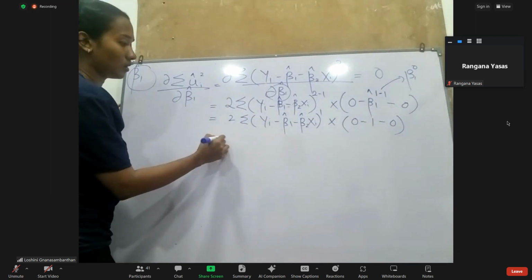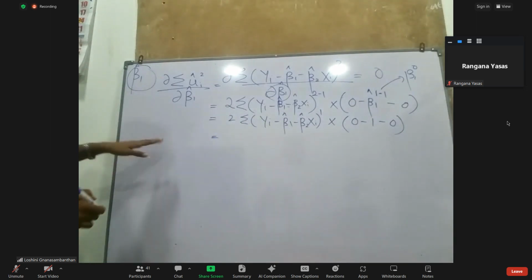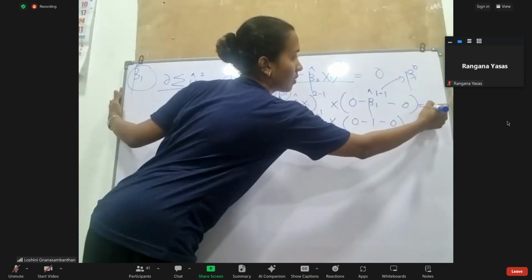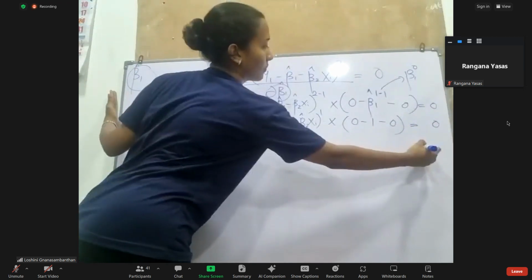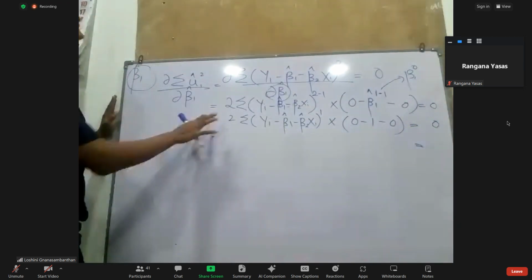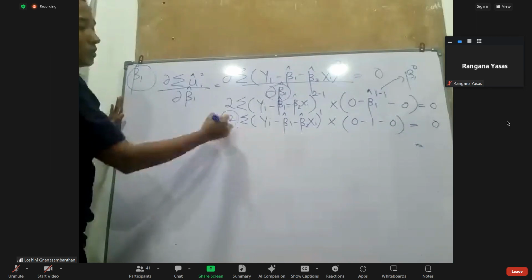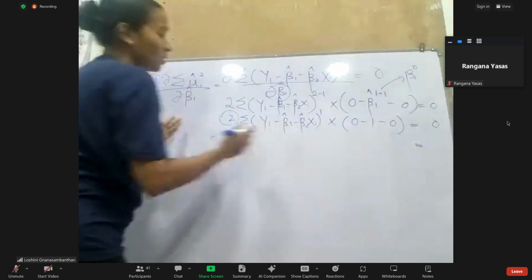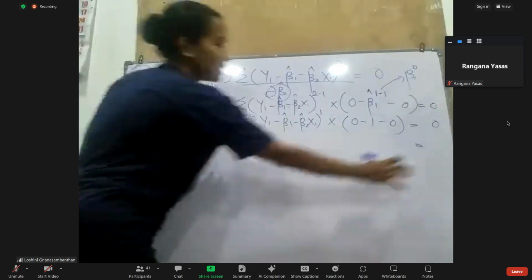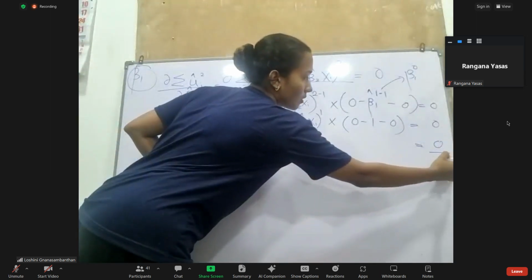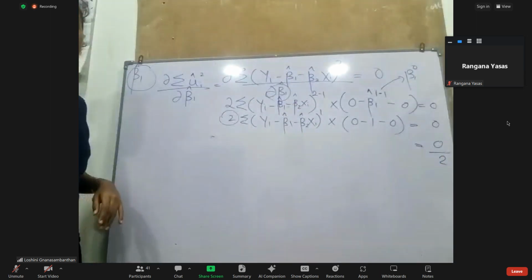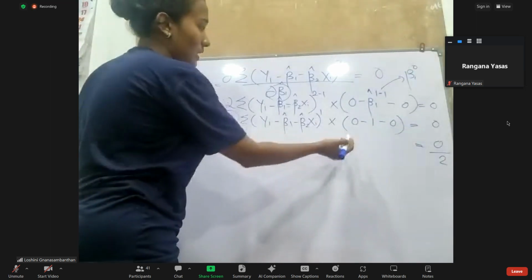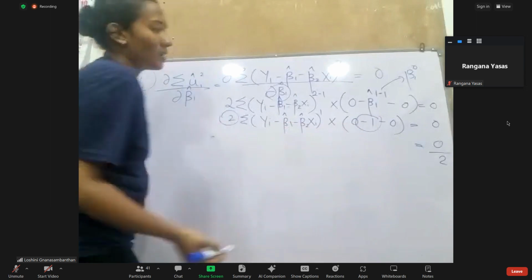Now what you can do is this 2, it's a multiplication for the whole equation now. So we can take this side. Okay, we are simplifying. Then what we can do is minus 1, right?